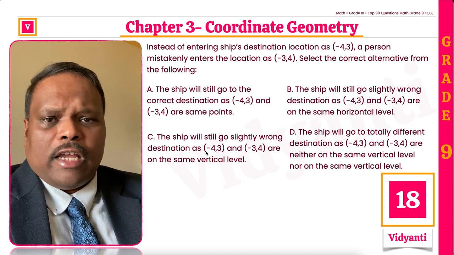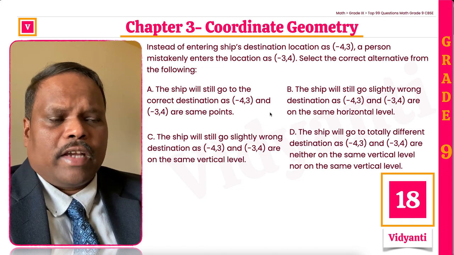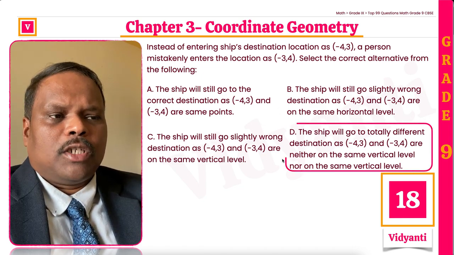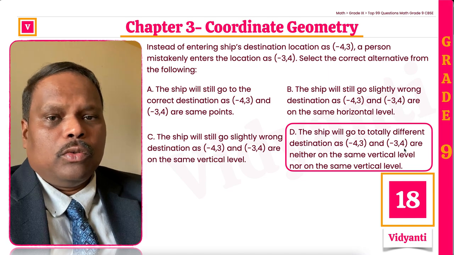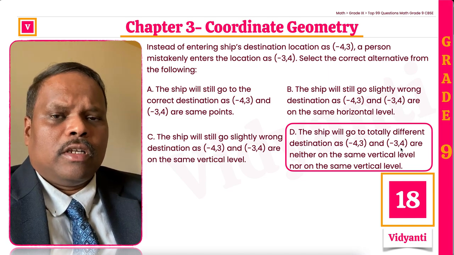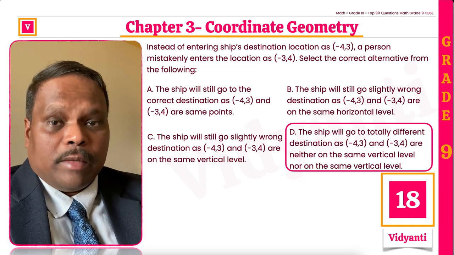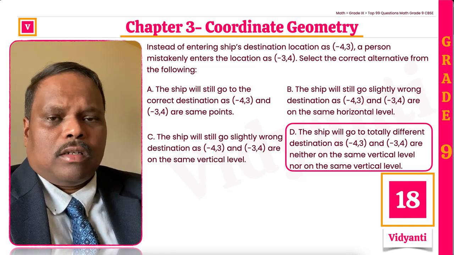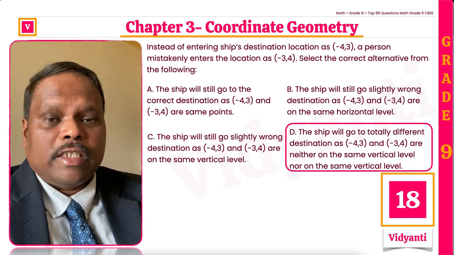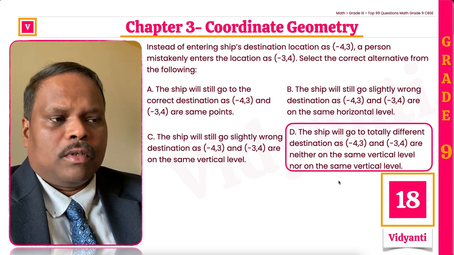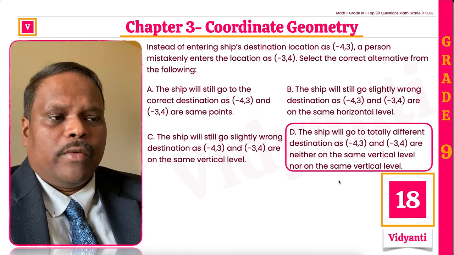They do not lie along the x-axis, they do not lie along the y-axis, so B and C are also wrong. The correct option is that it will go to a totally separate destination, because even though the numbers look the same, because of the signs and because of the order, they represent totally separate destinations, and the ship will go to a new location which is totally unrelated to the previous one.